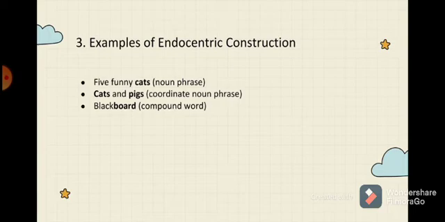For example, the word board can be combined with black to make blackboard. The head word in the endocentric construction is board, and the color, black, only modifies the meaning of the head.